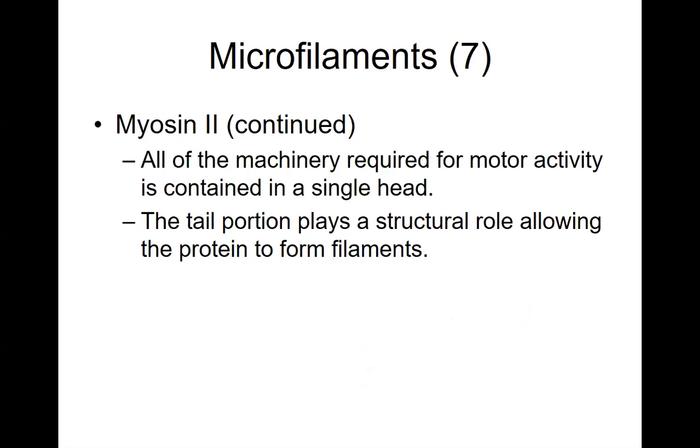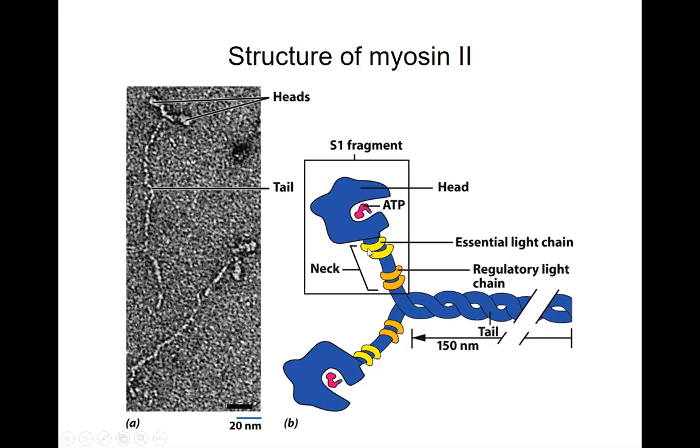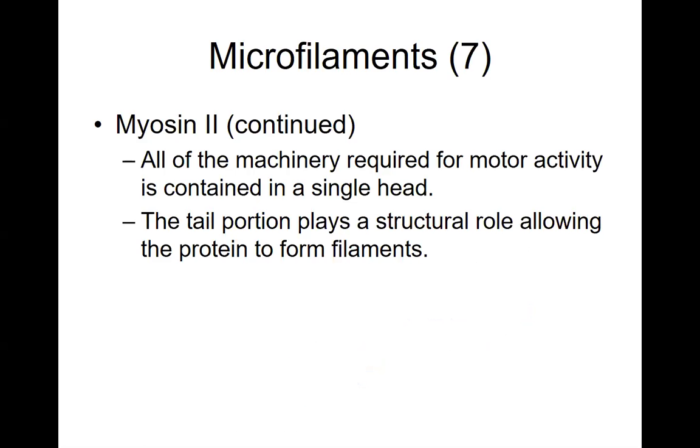The motor activity is located in the head, and there are several experiments that have been carried out with the head, which is also called the S1 fragment. If this S1 fragment is conjugated to a reporter, such as a fluorescent protein, then one can visualize the function of actin very nicely, because the S1 fragment will bind to actin with high affinity.